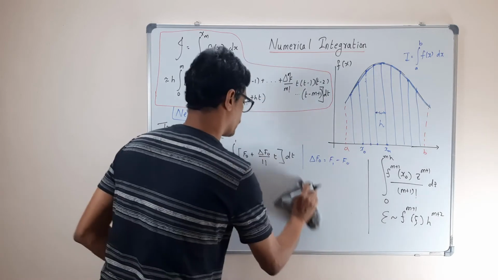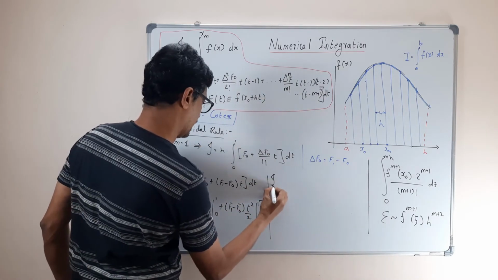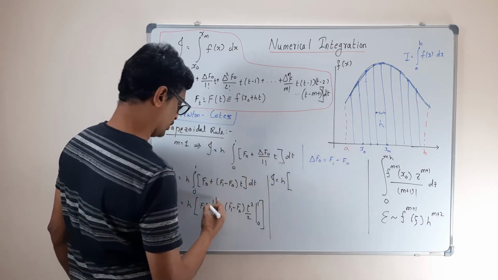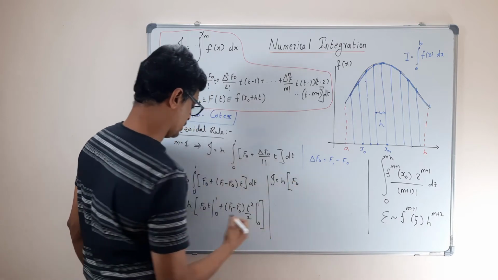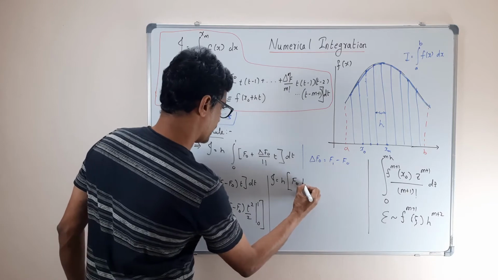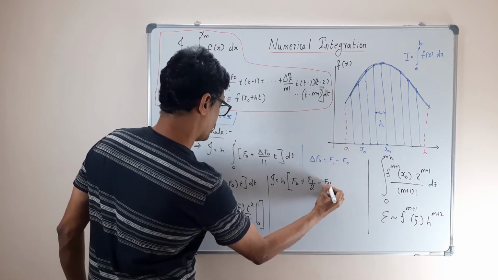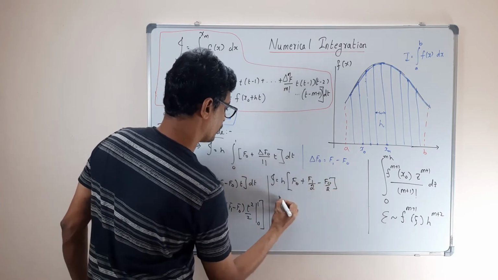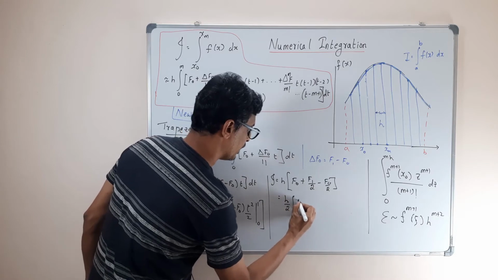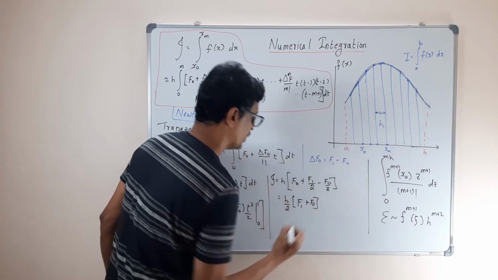So I will be h into, t is 1, so it is f0, plus f1 by 2 minus f0 by 2. So this will be h by 2 into f1 plus f0.